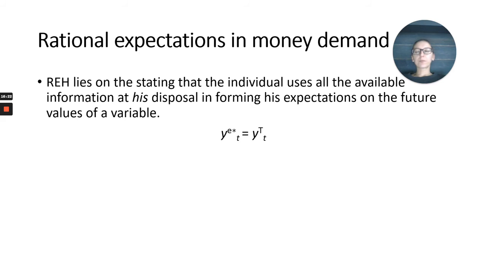expectations. I believe all of you have heard about the rational expectation hypothesis, as we assume always that people are rational decision makers, so somehow they should make rational expectations about the future. So the rational expectation hypothesis says that individuals use all the available information at their disposal in forming their expectations on the future values of a variable.